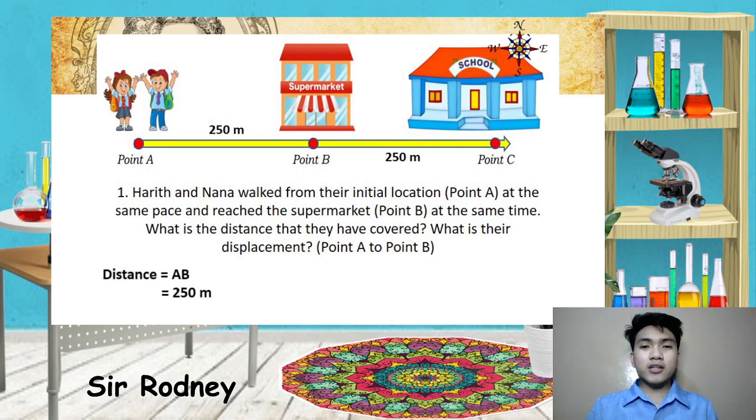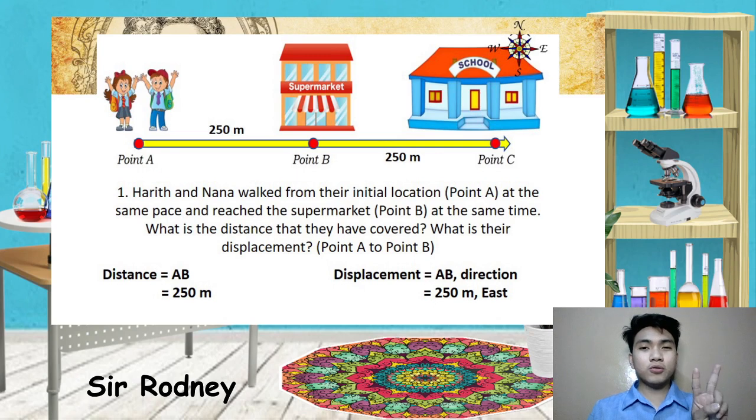So, in equation, distance is equal to AB, which is equal to 250 meters. What is their displacement? Displacement is just the same as the distance, but take note that displacement always has a direction. Therefore, our displacement will be 250 meters east.